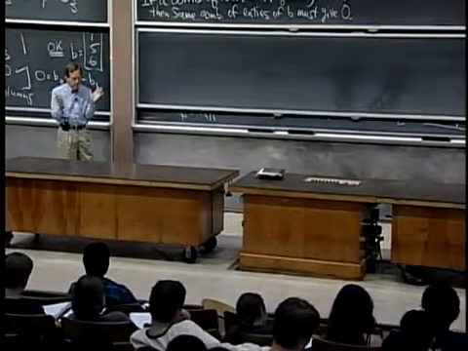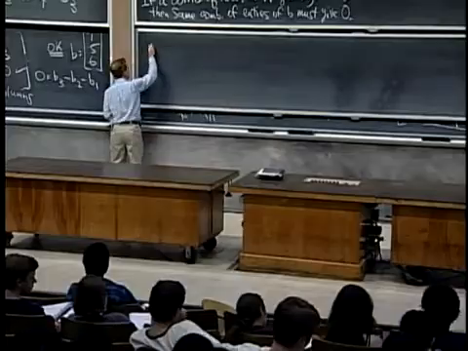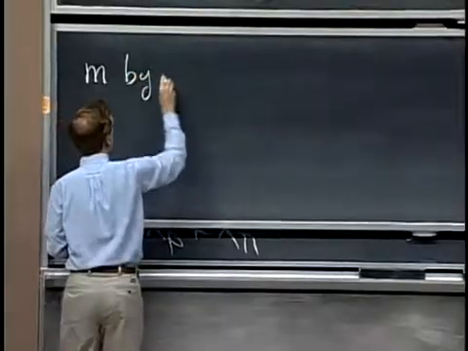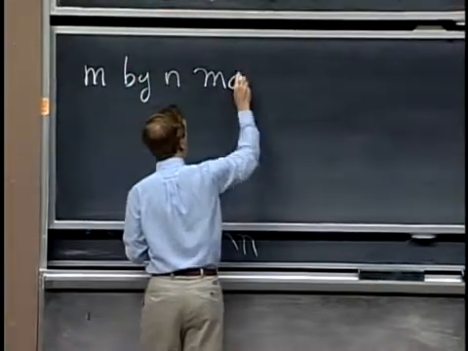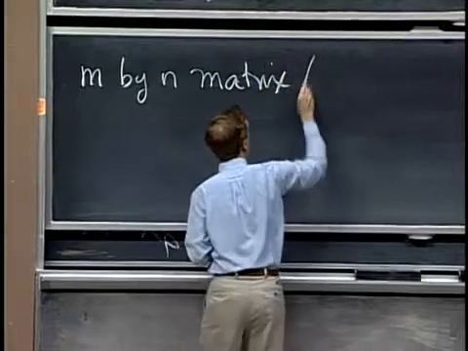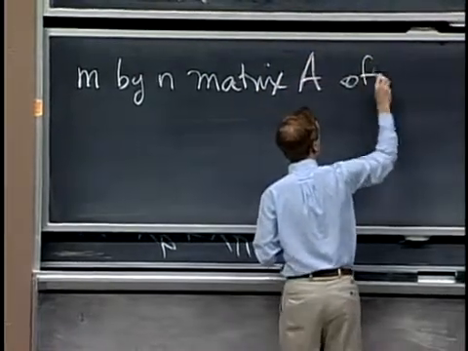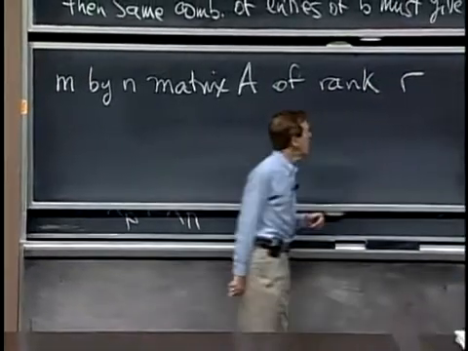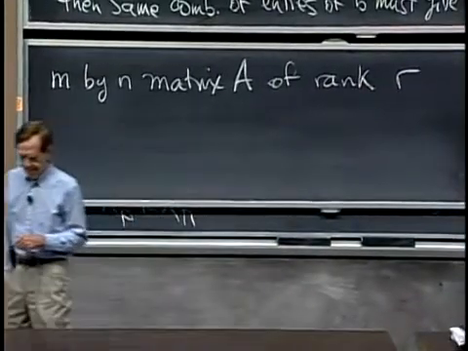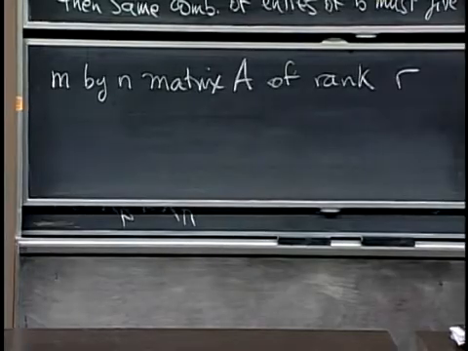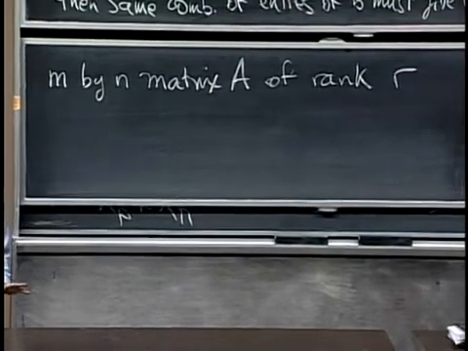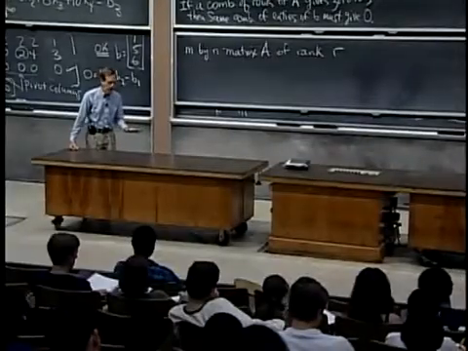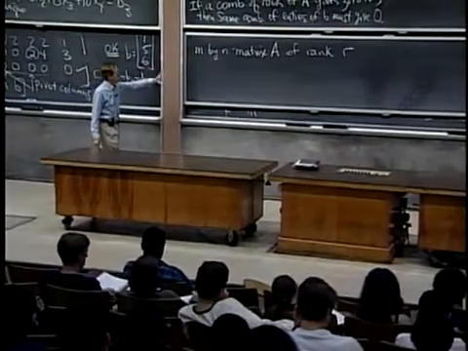So when I mean think bigger, I mean I'll think about an m by n matrix A of rank R. What's our definition of rank? Our current definition of rank is number of pivots. First of all, how are these numbers related?